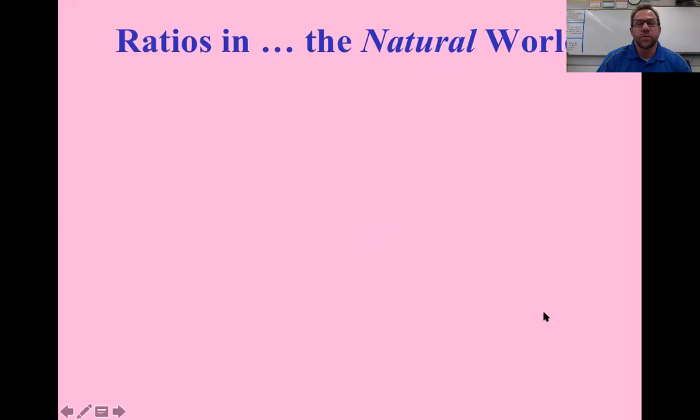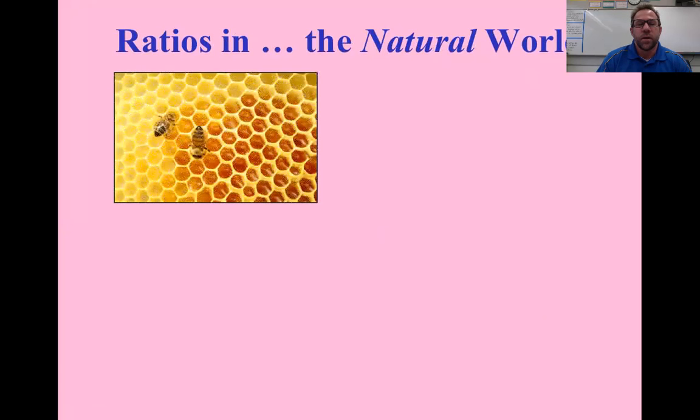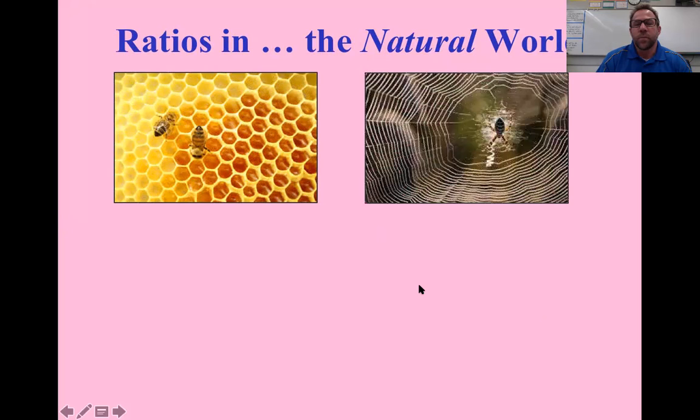And here's some other ratios in the natural world. Honeycombs. These bee honeycombs follow that 1 to 1.618 golden ratio. Spider webs also follow that same ratio, 1 to 1.618, in the way that they're designed.